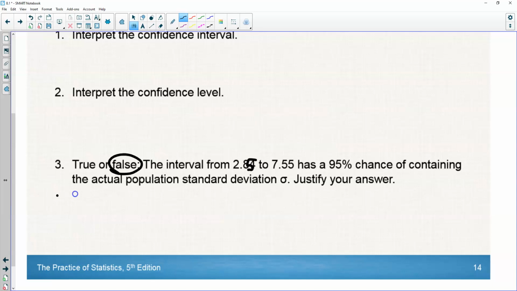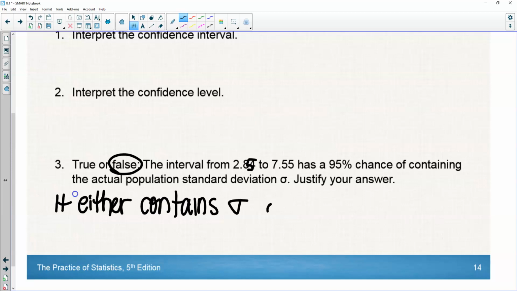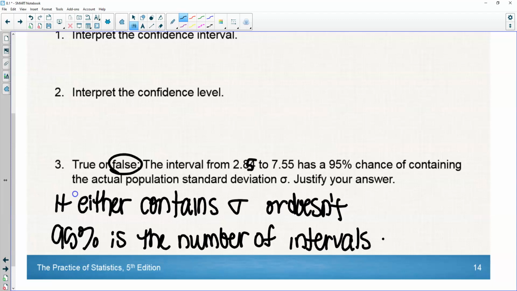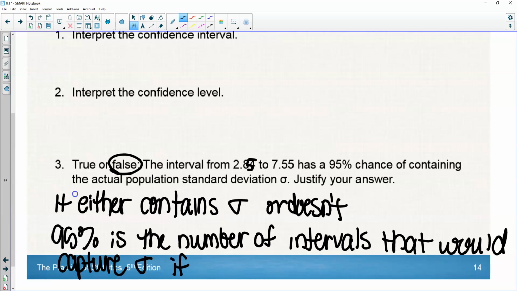In the explanation, I'm just going to say that it either contains sigma or it doesn't. And the 95% is the number of intervals that would capture sigma if repeated many times.